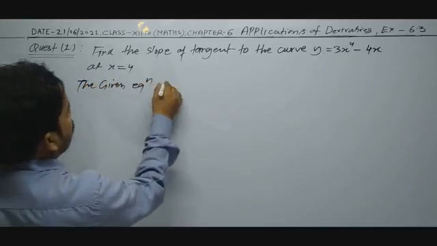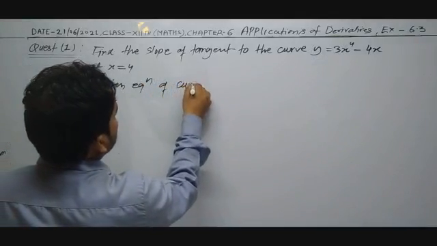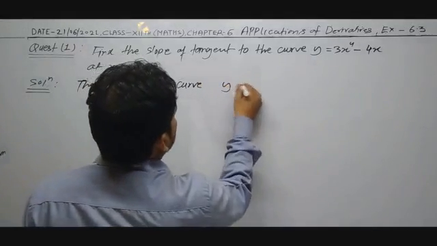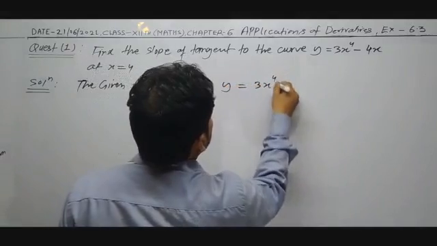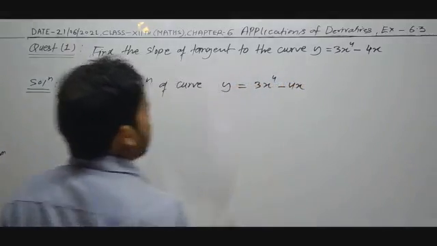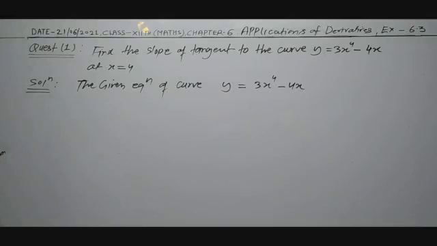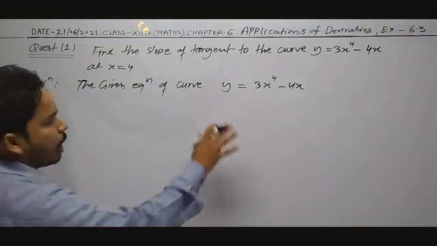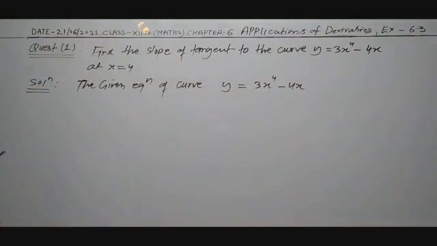The given equation of curve is y is equal to 3x to the power 4 minus 4x. So second step, you have to differentiate the curve.